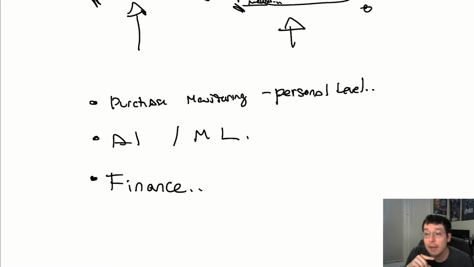Then you can have something that, in milliseconds, goes from a news article being posted to making a sell or buy order for a stock.